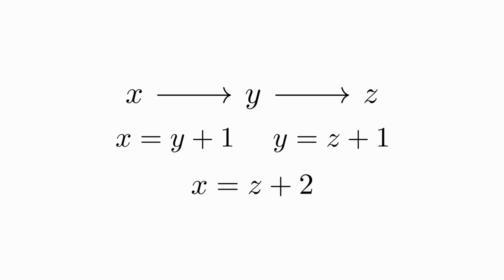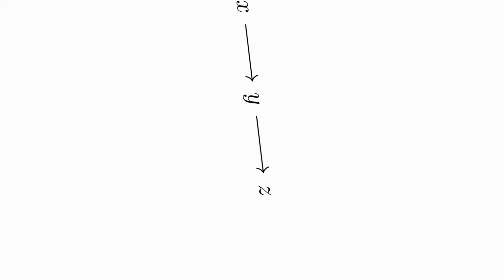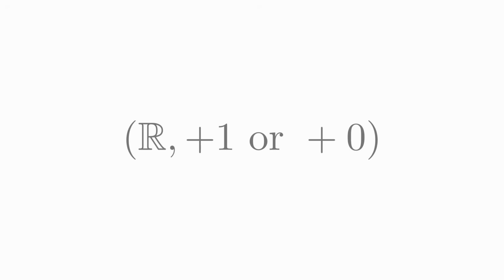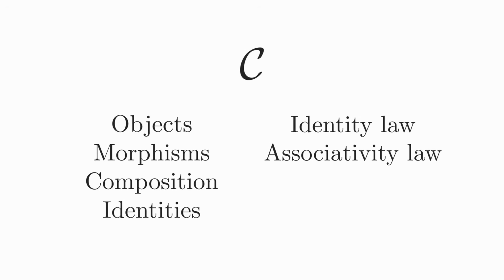So x equals z plus 2, hence there cannot be a morphism from x to z according to our definition, so we can't define the composition of these two morphisms. Alas, this isn't a category either. Even though the definition of a category is highly general, it's still pretty restrictive. The fact that it nonetheless applies to so much of our mathematical landscape highlights just how much we're drawn to this kind of structure, and how useful it can be.